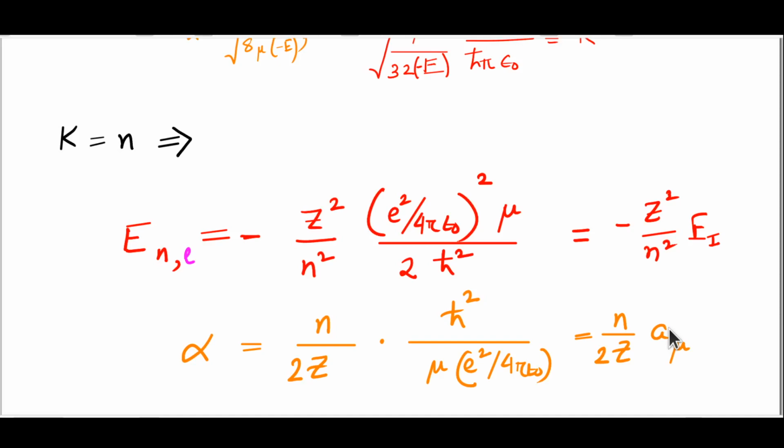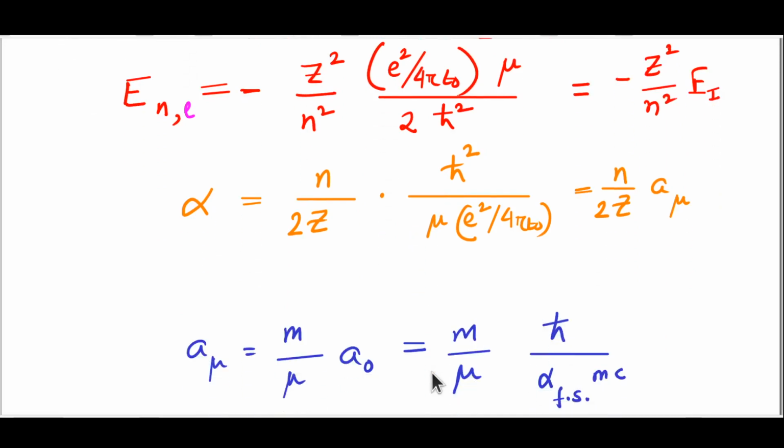This is related to a_0, the first Bohr radius, which we are more familiar with. a_0 is the same expression with m, the mass of the electron, rather than the reduced mass. So a_mu, of course, is m by mu times a_0.